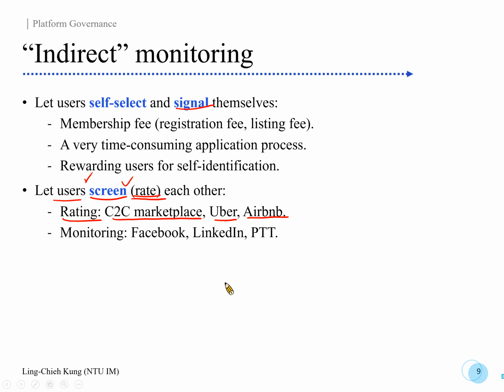Okay? On social websites or forums, we also know that there are monitoring systems. If you see a post that seems to be weird, if you see a post that is not good, then you may tell the platform that there is something wrong here, regarding posts, regarding articles, regarding photos, regarding users. All right.